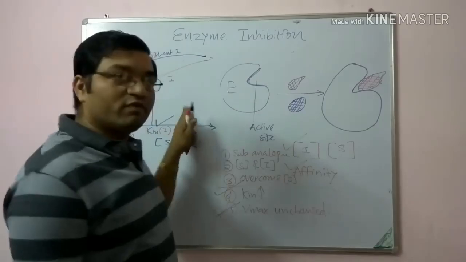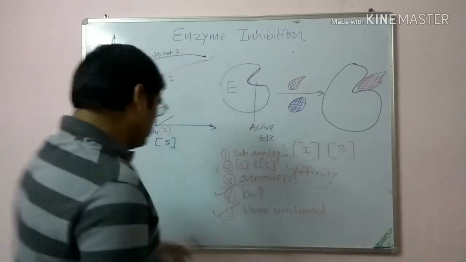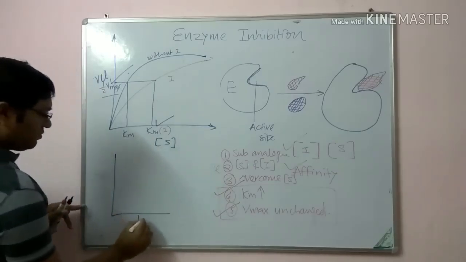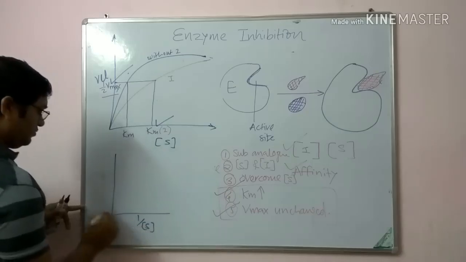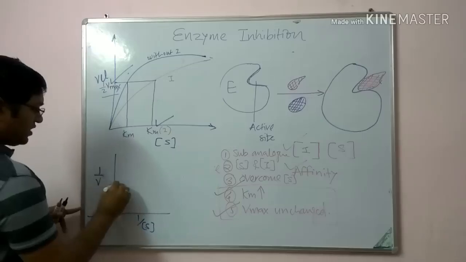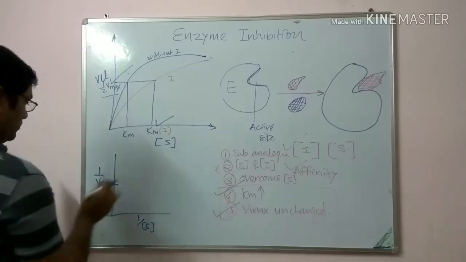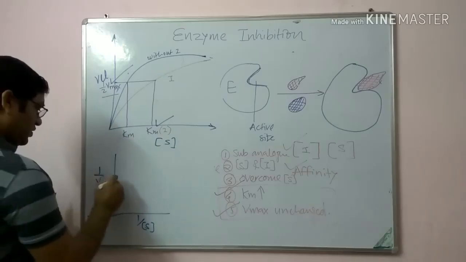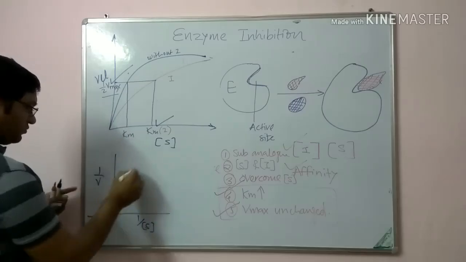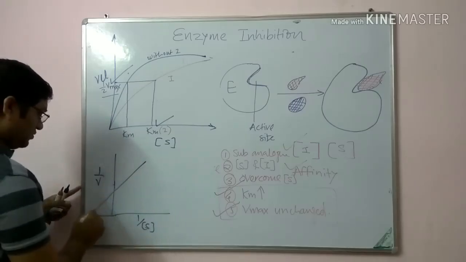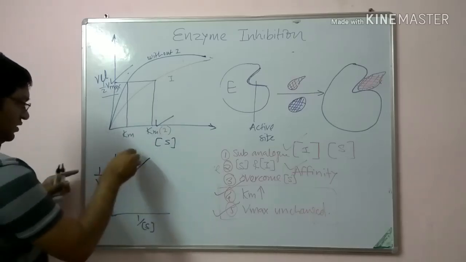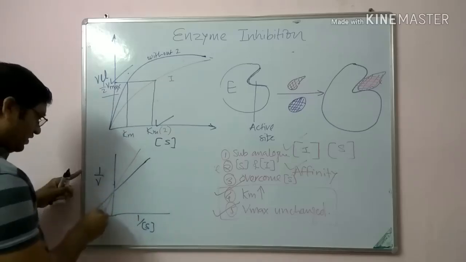You can draw a Lineweaver-Burk double reciprocal plot also. In this graph, this is 1 by substrate concentration, and this is 1 by velocity. This is half of the maximum. So if you plot a graph, the Vmax remains unchanged. This is the graph without inhibitor, and this is the graph with inhibitor.